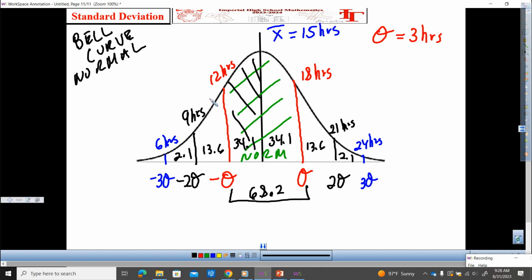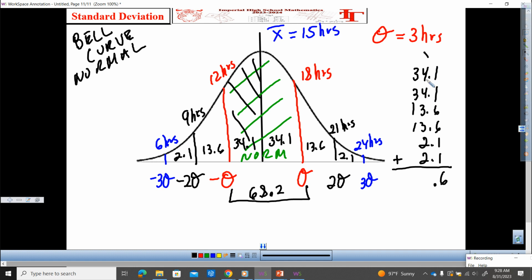Now, mind you, this is a curve, and this is an area under the curve, so all these are percentages. So let me add all of them. 34.1, 34.1, 13.6, 13.6, 2.1, 2.1. Let's add this. 1 plus 1 plus 1 plus 1, that's 4 plus 6, that's 10 plus 6, that's 16.